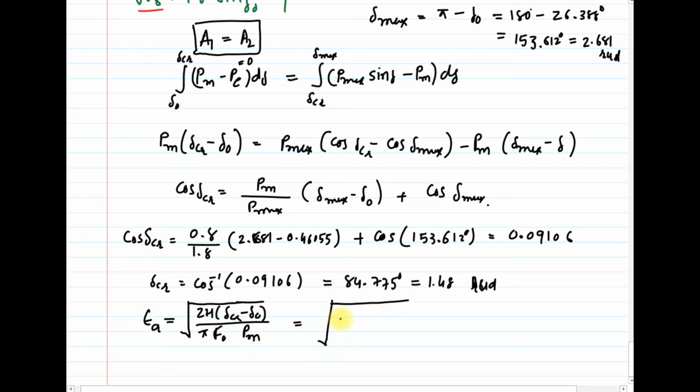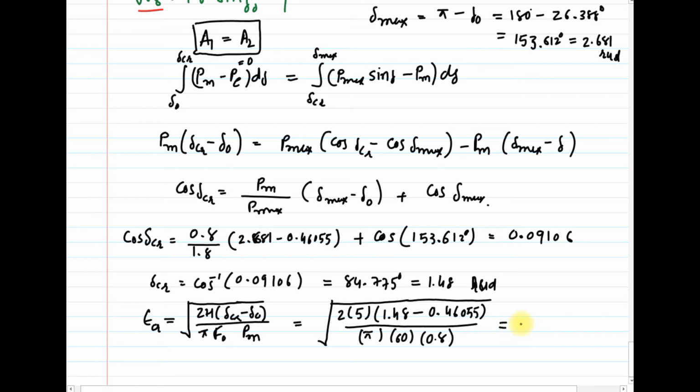Substitute the values: 2H is equal to 5, delta CR which you have calculated is 1.48 radian, minus delta 0, which is 0.46055, and divided by pi, which is 180, frequency it is given as 60 Hz, and PM is equal to 0.8.